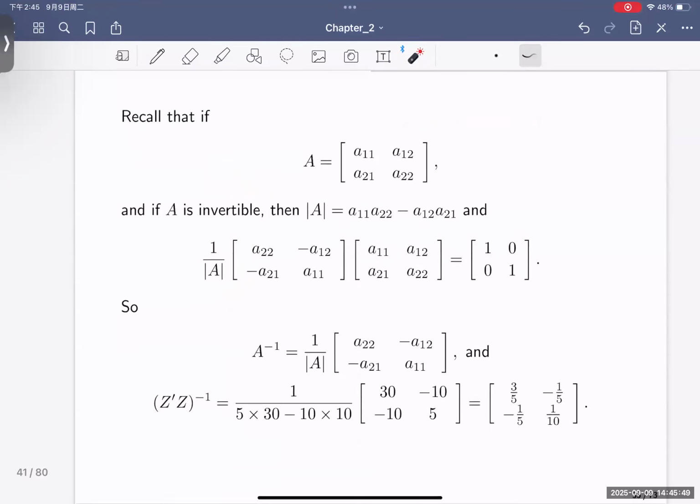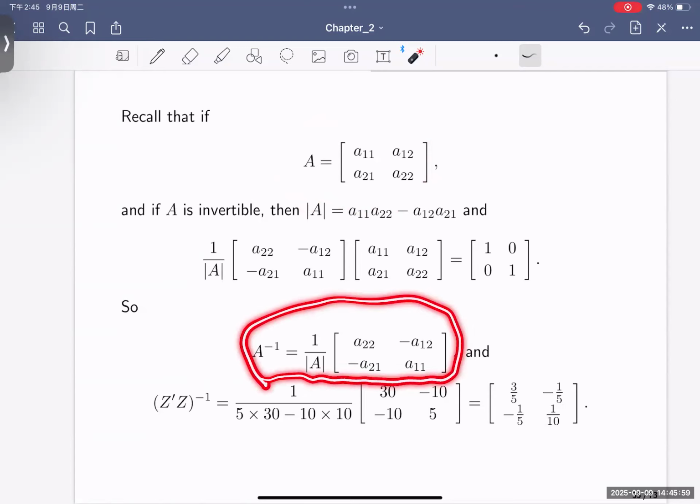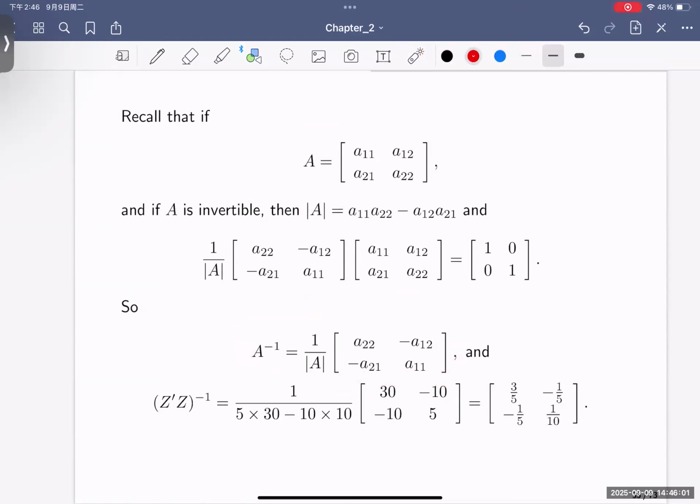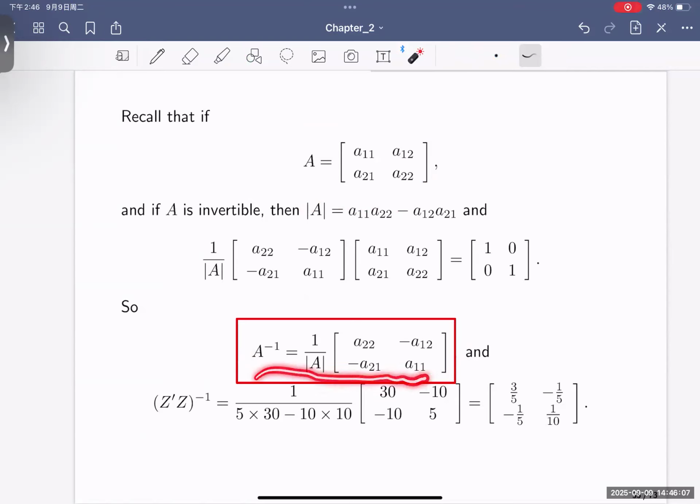But if you want to calculate by hand, I also give you one choice: for any 2 by 2 matrix A given in this style, its inverse must satisfy this property. This is the inverse. Based on Z transpose Z, we know the 4 elements, and then we can find the corresponding Z transpose Z inverse.